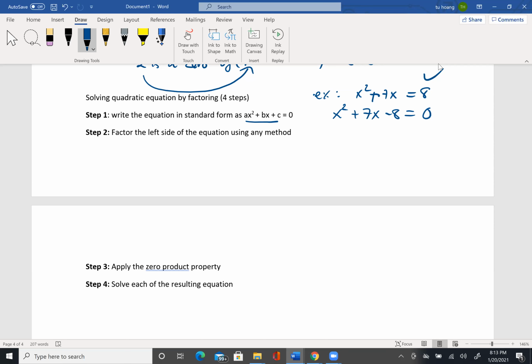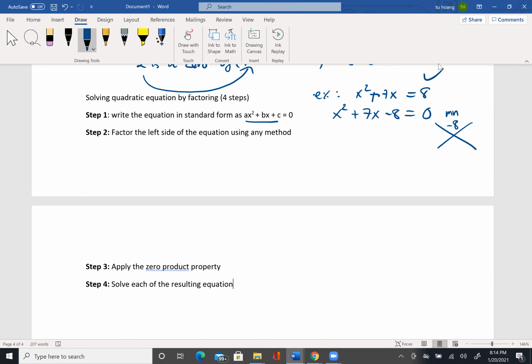Now I want to factor the left side of the equation by using any method. Okay, so this is a trinomial. Actually, this is the type number 1. So if you have m times n equal to c, which is negative 8.